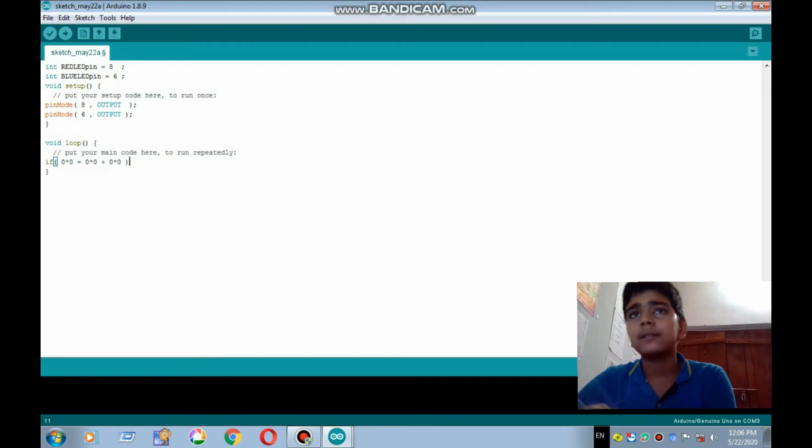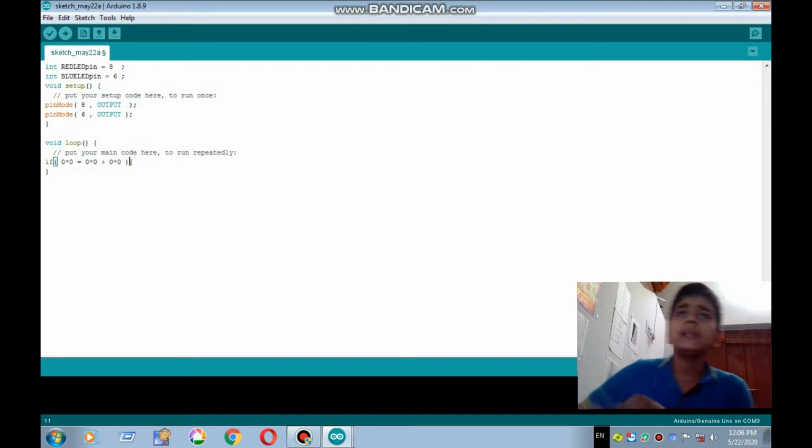Then the bracket is closed, and then a curly bracket, and then we write the main code. It means that if the hypotenuse square is equal to the sum of base square plus perpendicular square, then the blue LED will glow.